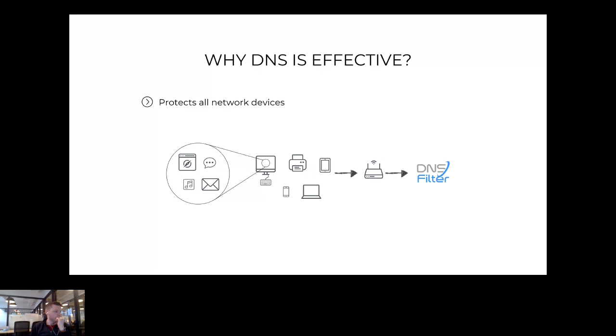It doesn't matter. If it has the capability to connect to the internet, because DNS is such a cornerstone technology, it will use DNS invariably to connect to the internet. So if you're using something like DNS Filter, you will have coverage completely over your network, regardless of operating system or things like that. It's very effective.